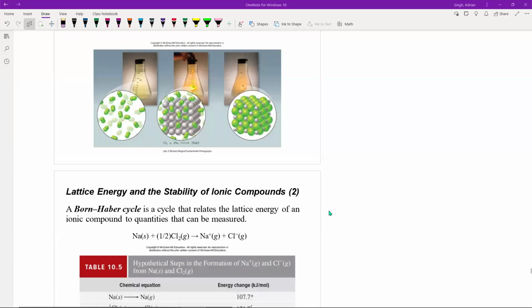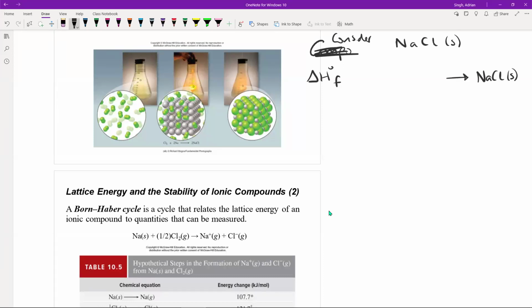We'll start off looking at a very simple compound. We've seen this before. So consider, let's say, sodium chloride, regular table salt, as a solid. If we were to write the chemical equation that represents the delta H of formation for sodium chloride, it would be the formation of 1 mole of NaCl from its elements under standard conditions.